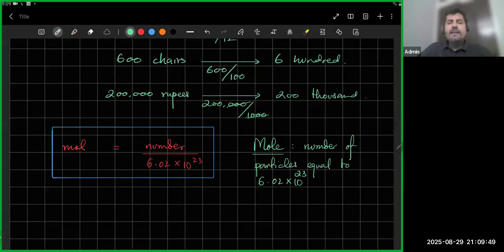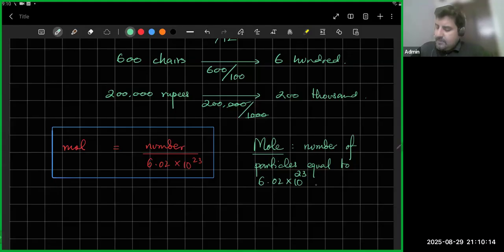And number of particles means that you can count anything. It could be the number of chairs, tables, cars, or atoms. In moles it's normally the number of atoms, because you're never going to count cars in moles, or in billions or millions. Atoms are always going to be counted in moles.